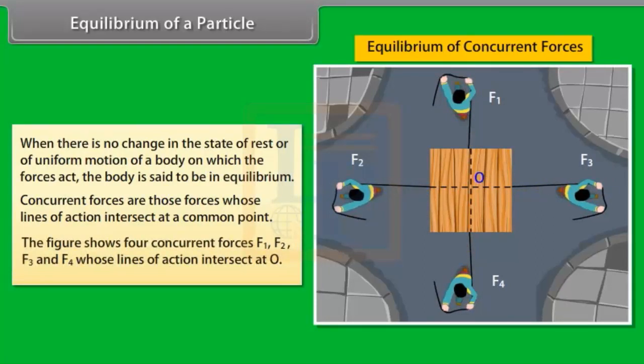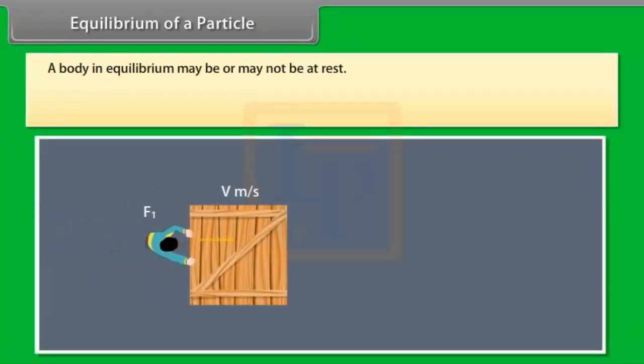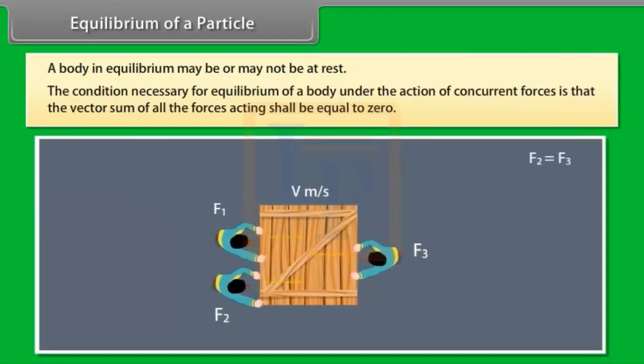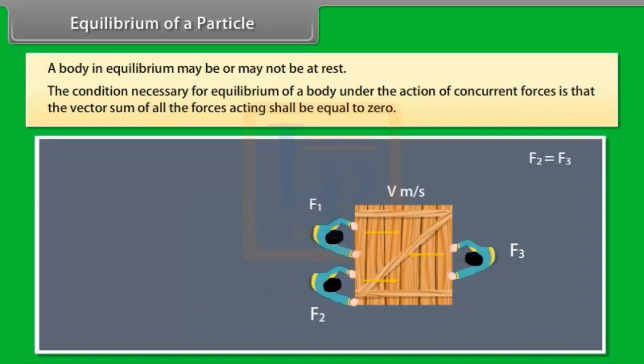The figure shows four concurrent forces F1, F2, F3 and F4 whose lines of action intersect at O. A body in equilibrium may or may not be at rest. The condition necessary for equilibrium of a body under the action of concurrent forces is that the vector sum of all the forces acting shall be equal to 0.